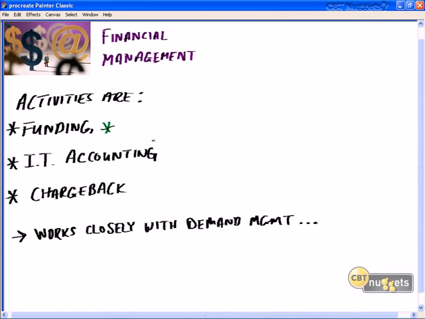Next is IT accounting. We want to make sure that the IT organization is accounting fully and properly and legally for the way that they spend their money. Now, when you get beyond the ITIL foundation level, you will get into more detailed terminology like cost models, cost types, cost elements, direct and indirect costs, things like that that really go beyond the scope of this ITIL foundations.